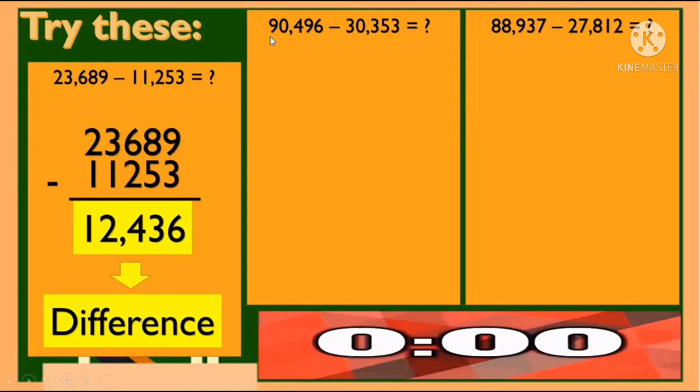Let us read first again the two numbers or the equation itself, okay, before we proceed to the solution. Let's read this one. This is 90,496. Okay, the symbol is minus. Very good.